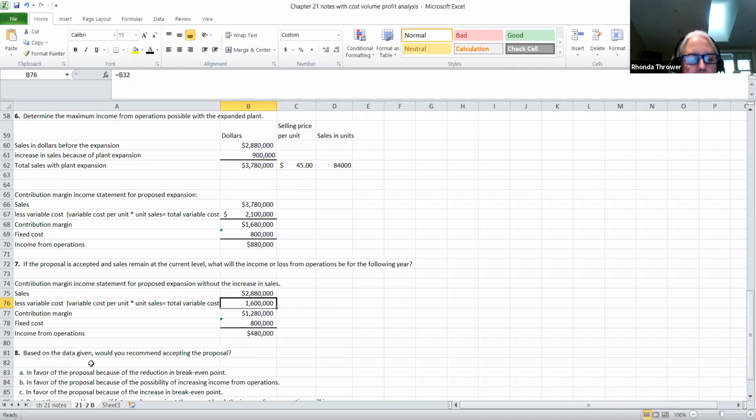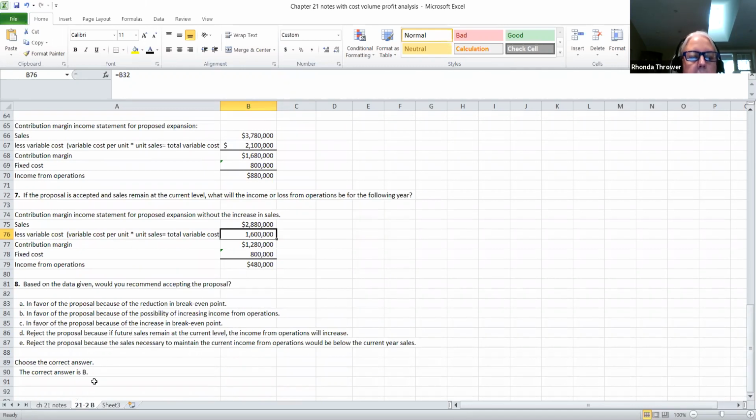Based on the given data, would you recommend accepting that proposal? They gave you a list of choices here to choose from, and the correct answer is B. Yes, you should go ahead and move forward with the proposal, because even if you didn't increase the sales, you still had some income from operations. The chances are that if you expand the plant, your sales will increase. So that can only add to the income from operations.